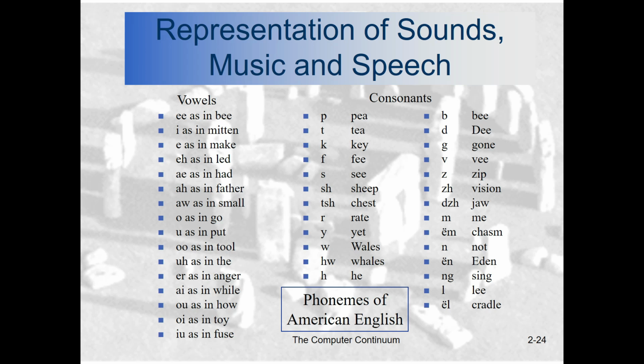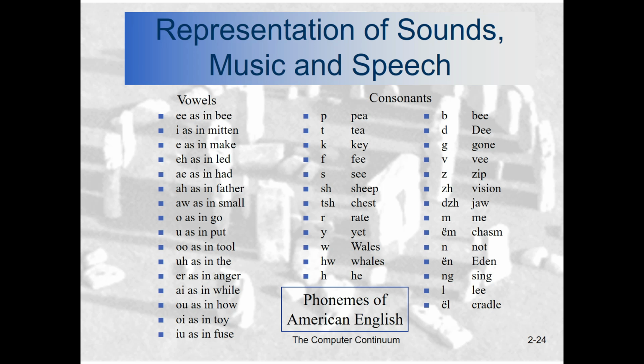Here we will see how phonemes work. For example, E as in bee, I as in mitten, A as in make, E as in let, E as in head. These things are called phonemes.